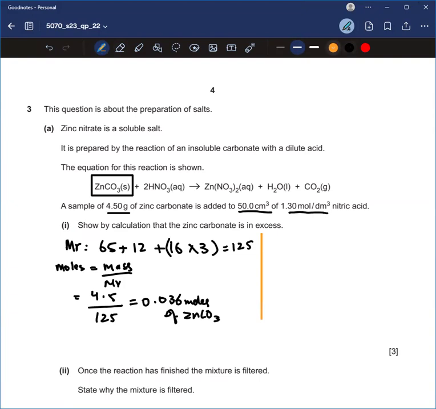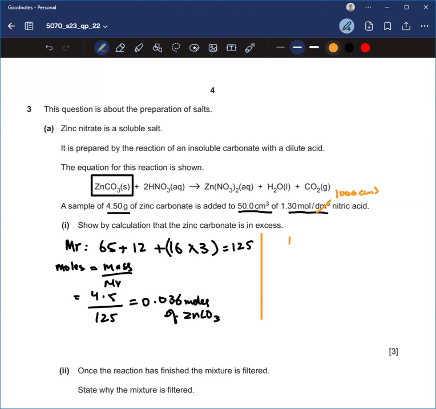So 1 dm³ is 1000 cm³. Most of the time the volume is given in cm³ and the concentration in mol per dm³, so to make it easier, we put a cut on dm³ and write 1000 cm³.